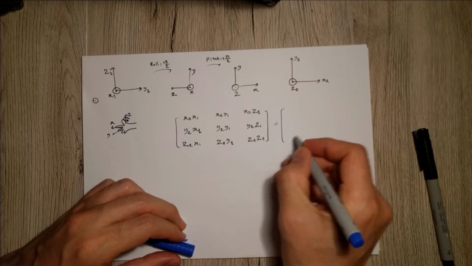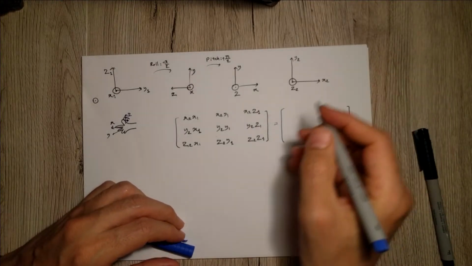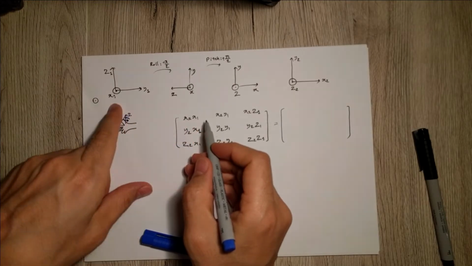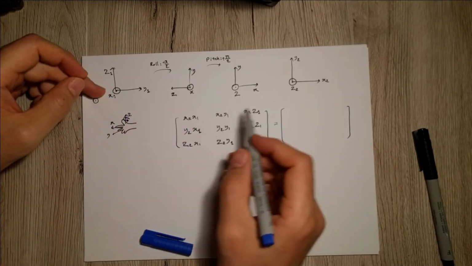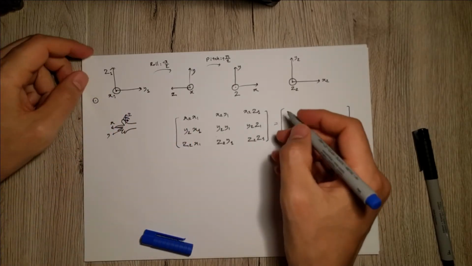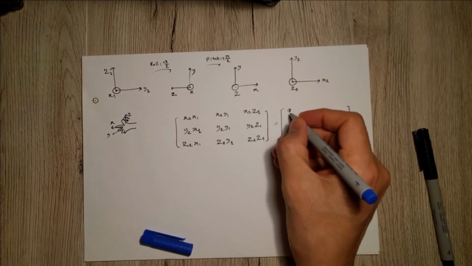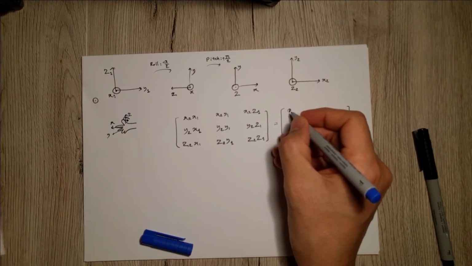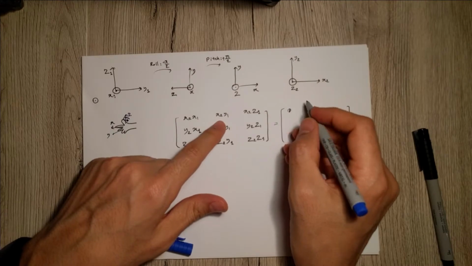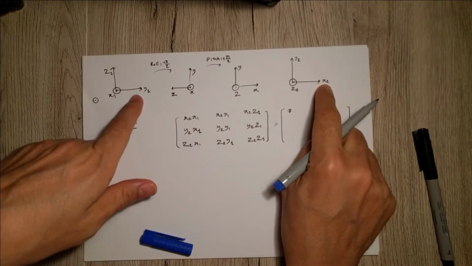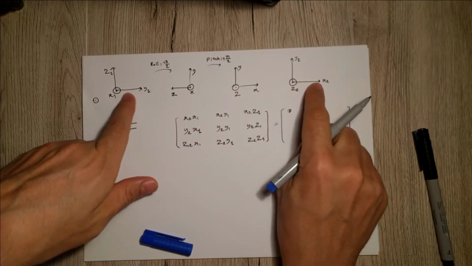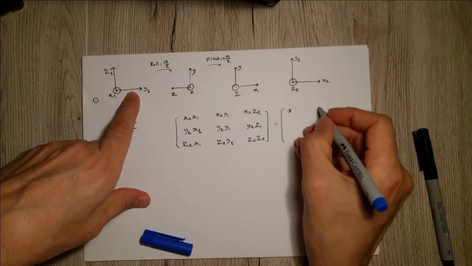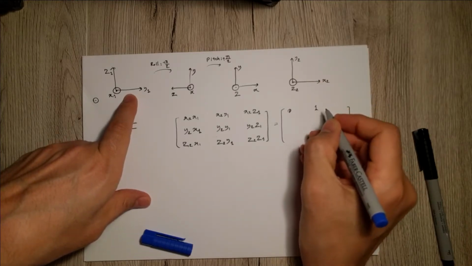As you can see, x1 here is in this direction and x2 is in this direction, so they are perpendicular. It's going to be 0. X2 and y1, you can see both of them are in the same direction, so it's going to be 1.